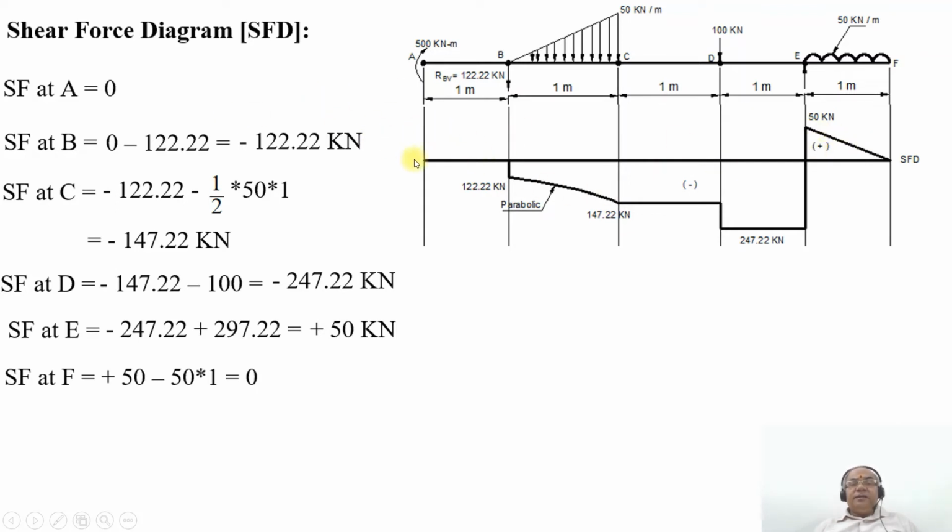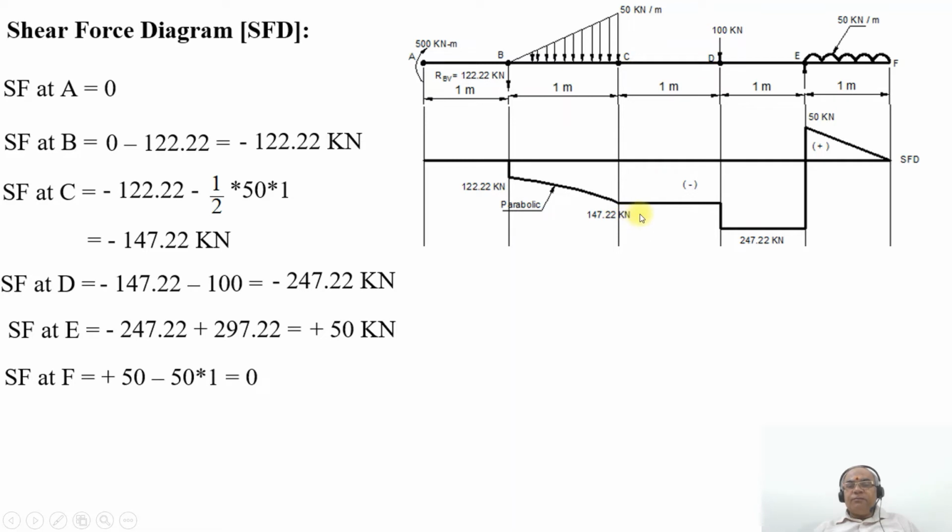Here, between A and B, as there is no load, it remains 0. At B, due to the point load acting downwards, it becomes minus 122. Between B and C, since it is a uniformly varying load, you get a parabolic curve. Between C and D, it remains constant at 147.22, as there is no other load.